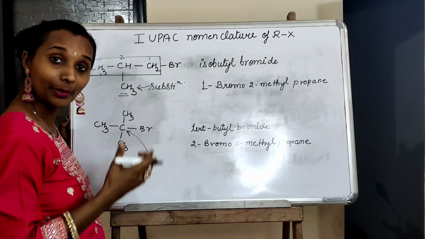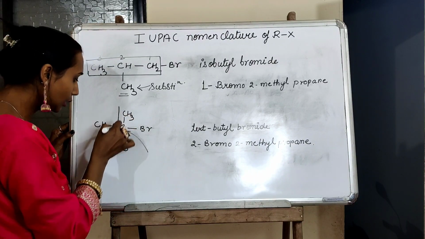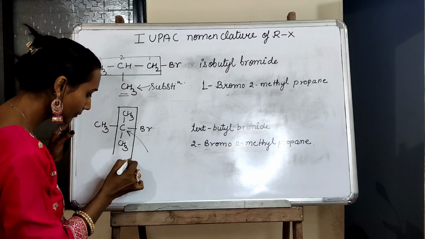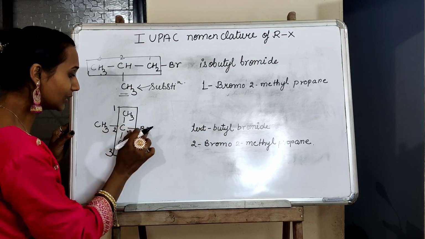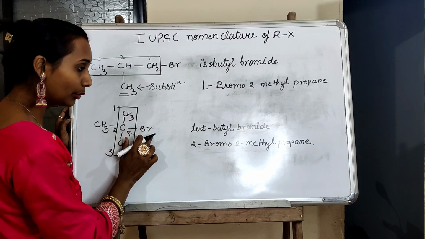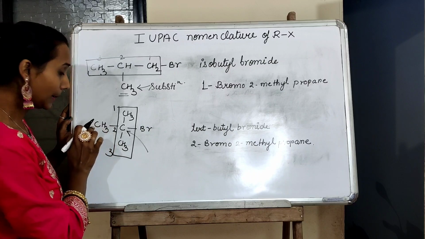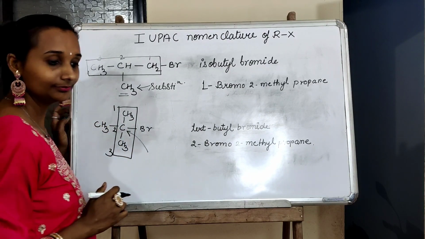And for the IUPAC nomenclature of this compound, let us first select the longest chain and number the carbon so that your functional group gets the least number. So this will be 2-bromo-2-methylpropane.